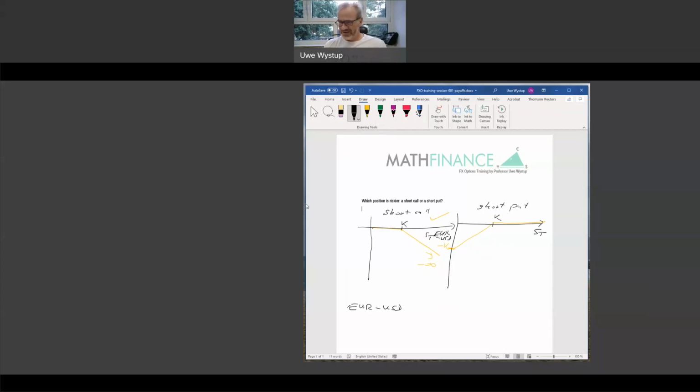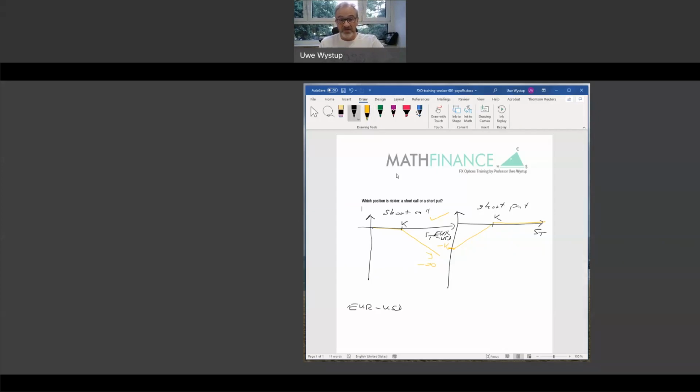Now what's on the y-axis? What unit is on the y-axis? Many times the question is not asked, but actually this is quite relevant. So in which currency do we measure the payoff? Euro or dollar, both are possible. And now which is the unit on the y-axis showing the yellow graphs? Well, the euro is the underlying, and euro-dollar means that's the price of a euro in dollars.